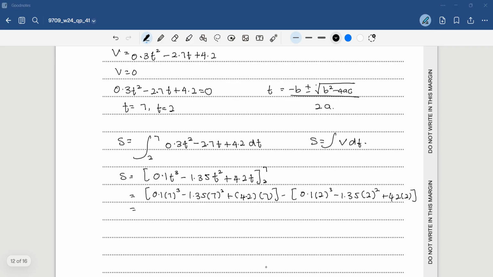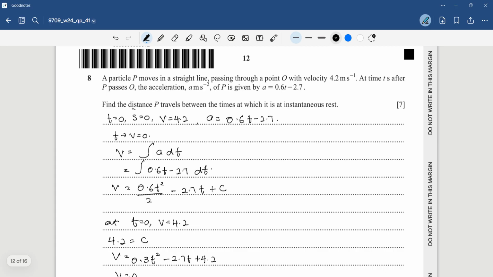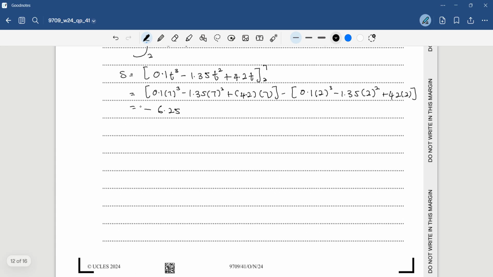So you will get negative 6.25. But since the question asks for distance, it's going to be the modulus of this, which is 6.25. You just take the positive answer because the negative just indicates the particle is behind O. So the distance is 6.25.